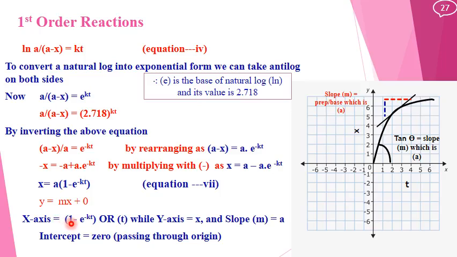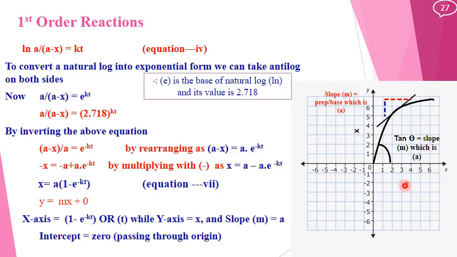At the x-axis we will have 1 minus e raised to power minus kt, while at the y-axis we have the value of x, which is the concentration of our product, and the slope will be in positive sign, having the value of a in our equation 7, and the intercept is 0, which is passing through the origin.